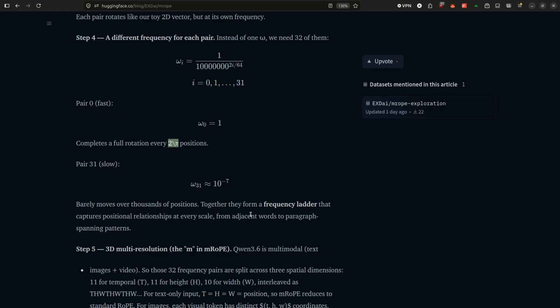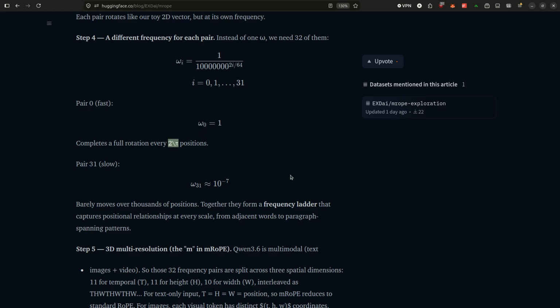This is in order to capture relationships between words which are very close to each other, which would be captured by the earlier dimensions in these 64 pairs, as well as words which are far apart in an input sequence.